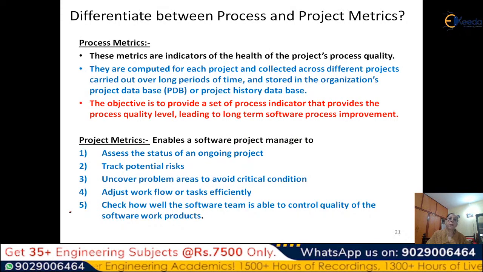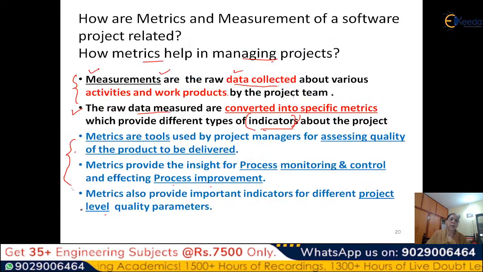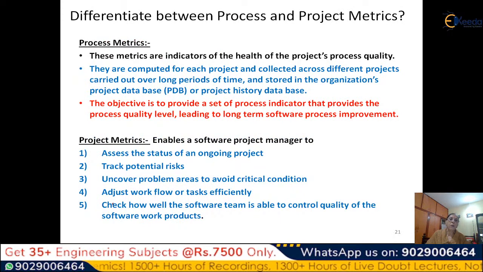Differentiate between process and project metrics. So we said different types of metrics. What are process metrics and what are project metrics? This question can be posed in different ways; I have just put it this way. Process metrics are indicators of the health of the process quality. They are computed for each project and collected across different projects over a long period of time.